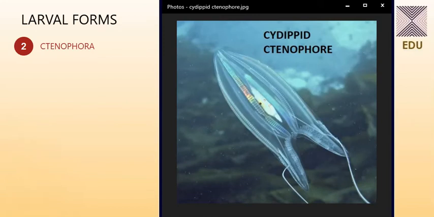So these are commonly called as the comb jellies, and they are present again in water, and they are showing a particular characteristics of bioluminescence, as you can see in the diagram. So these ctenophores, they have got a particular larval form which is called as the cydippid larva.